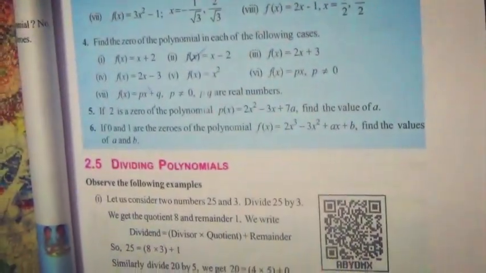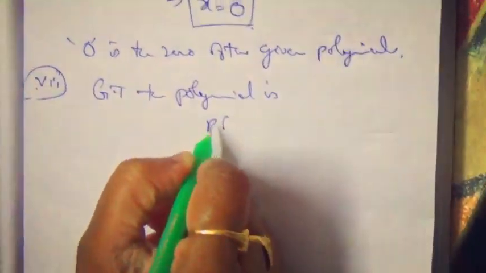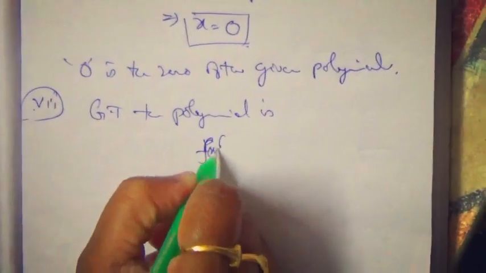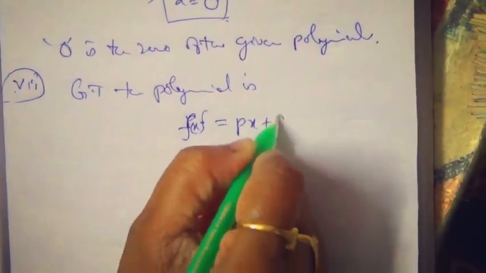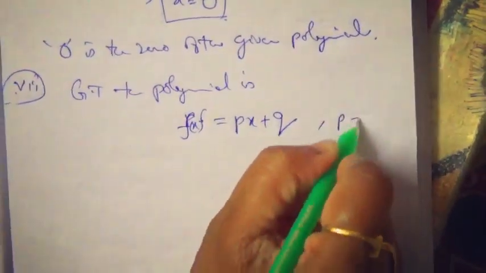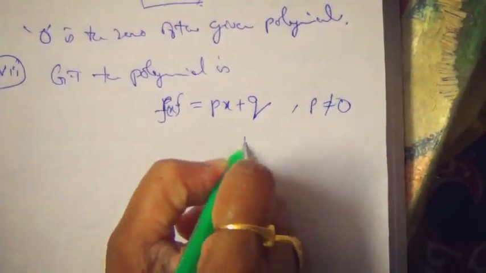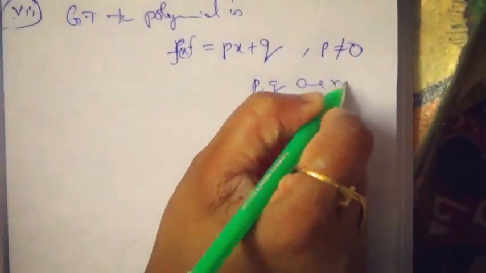Okay, seventh sum. Given that the polynomial is f of x is equal to px plus q. Okay, p is not equal to 0 and p comma q are real numbers.